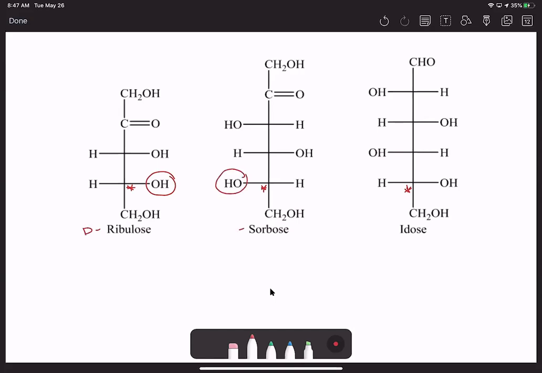It's on the left, L-sorbose. It's on the right, D-idose. So we're always just looking to see if it's on the left-hand side or the right-hand side. Not difficult to discern whether we have D or L isomers in our structures.